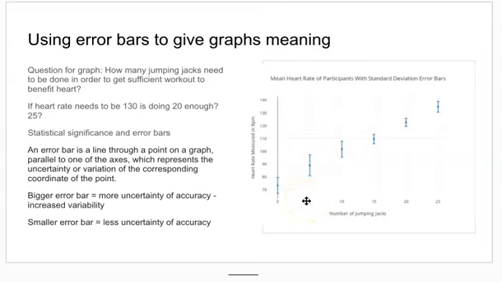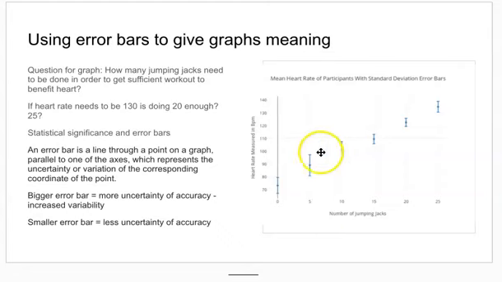You see whether these error bars overlap. And actually, let's do a different one. Let's look at 5, doing 5 jumping jacks versus doing 10, okay? Is their heart rate significantly, statistically significantly higher doing 10 than doing 5, okay? And the answer is no, it is not.